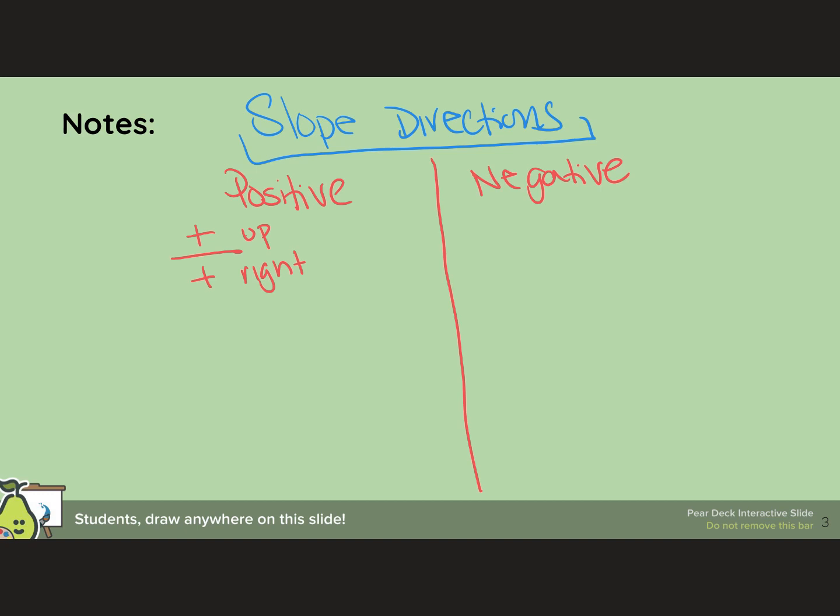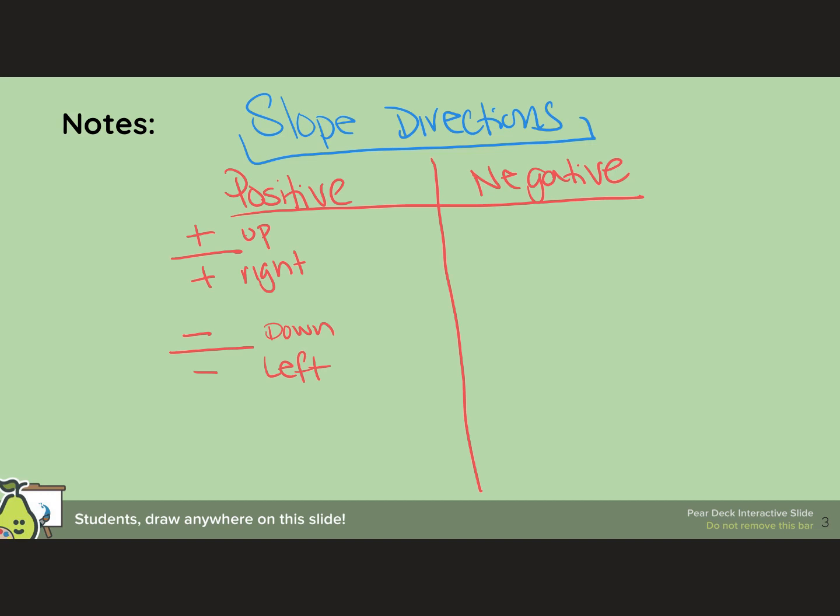The other way to get a positive slope is if you have a negative number over another negative number, because negative divided by negative is also positive. So if you have 2 negatives, you're going to go down for the number that's on top, and you're going to go left for the number that's on the bottom. Okay? So that's your positive slope.